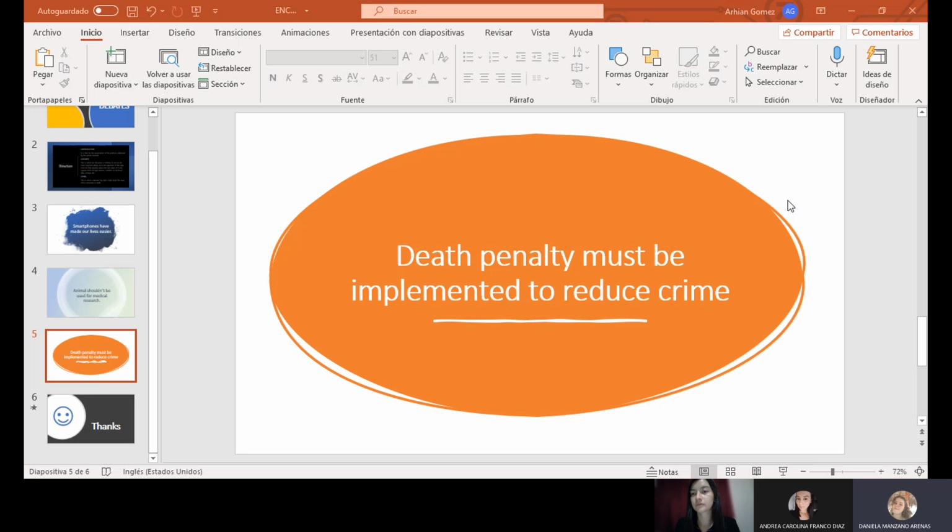And perhaps the death penalty is a good option to reduce the crimes that occur, such as rape, death, among others. But it is not right that we also want to end the life of other people.